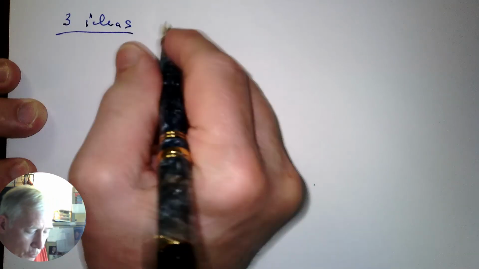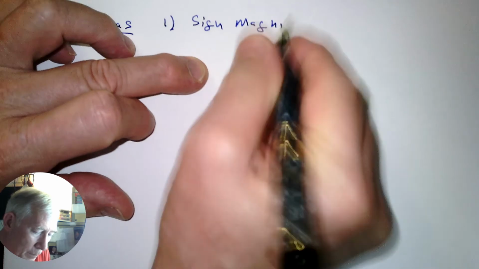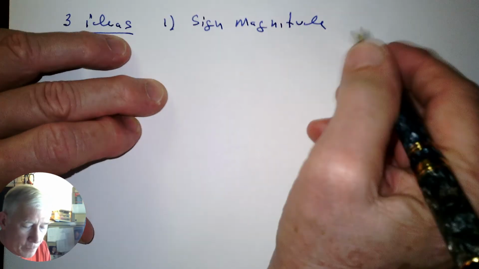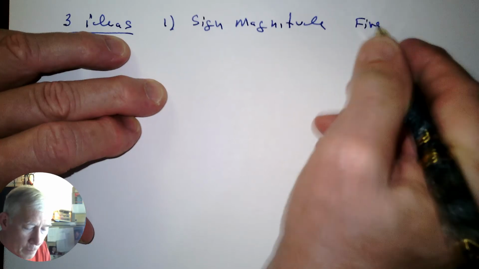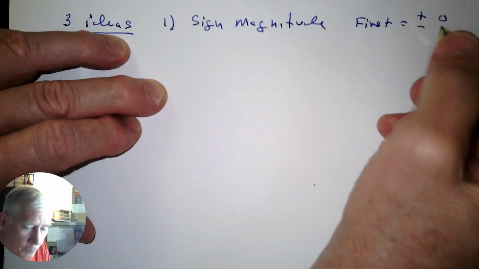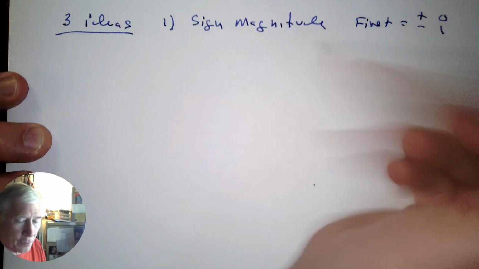The first idea would be sign and magnitude. You'd say the first bit equals plus or minus. If it's 0, it's plus, and if it's 1, it's a minus. And then the other bits would be the value.